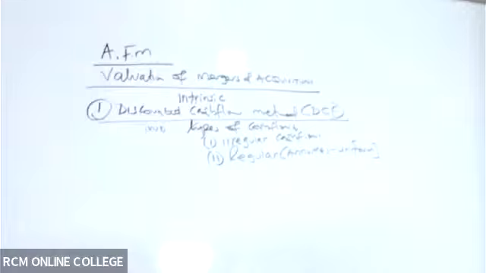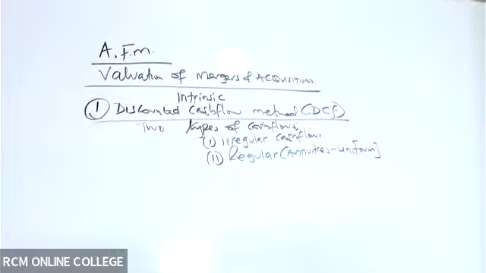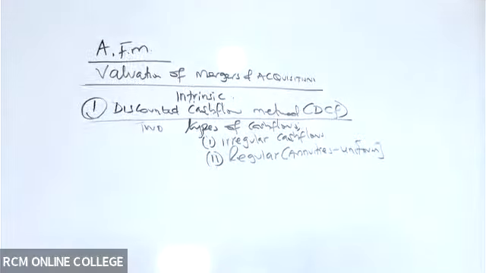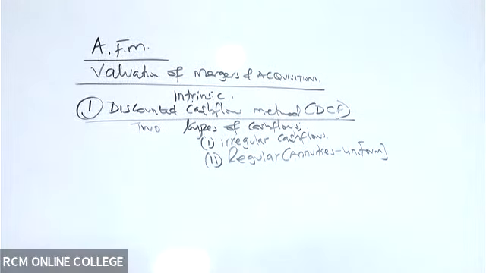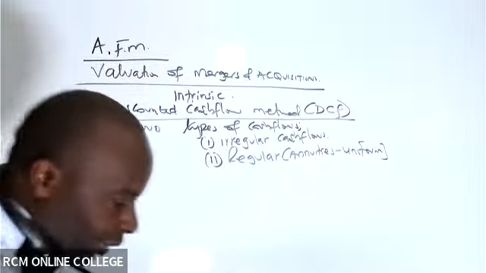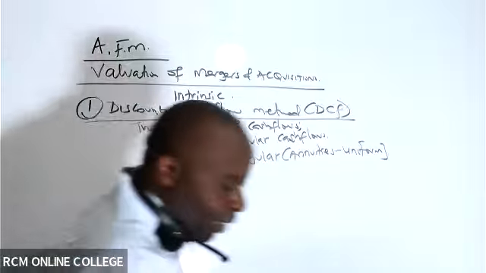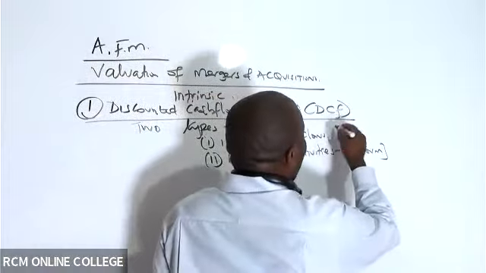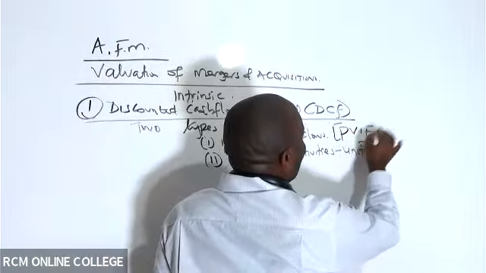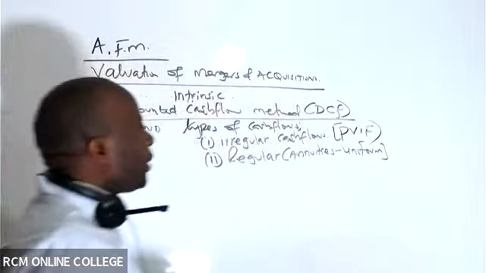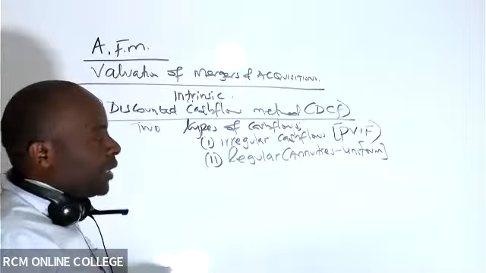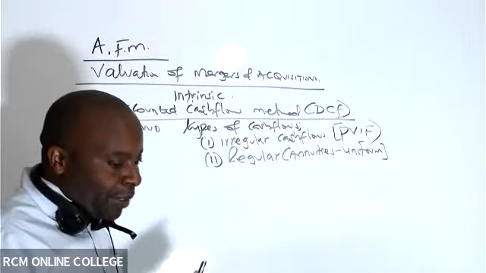To discount irregular cash flows, we normally use PVIF. You're right. We normally use the present value interest factor.